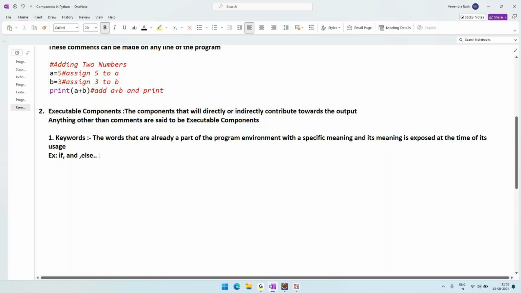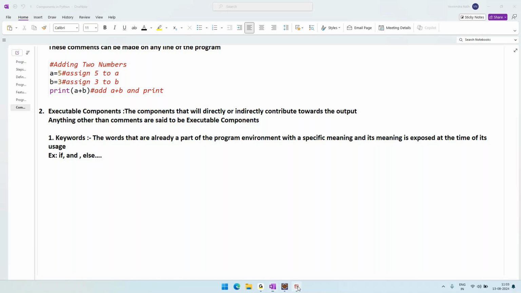We call all of these keywords. Each of these keywords has some functionality, some meaning, and that meaning comes out when we use it. So that is the meaning of keywords. Keywords are the words which have a specific meaning, and those functionalities will come out when you are using them in the program.